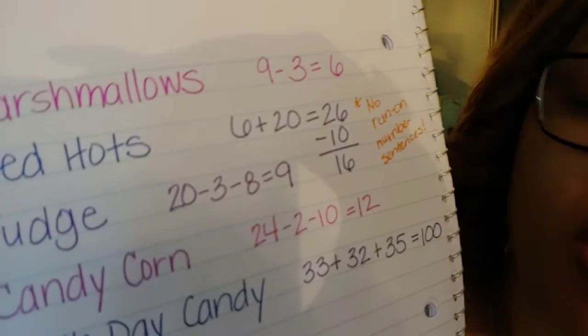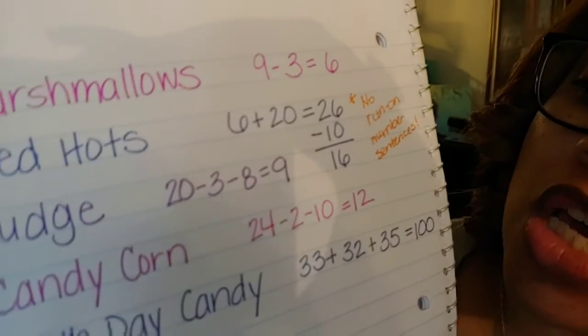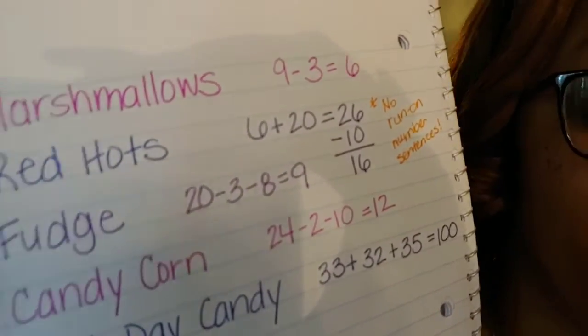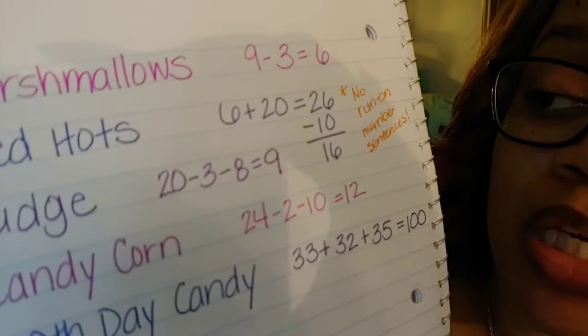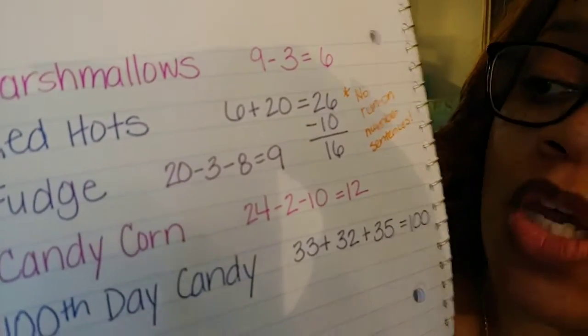We also could have written 2 separate sentences, such as starting again with 26 minus 10 equals 16, or it's the same as 16. So make sure we're not doing any run-on number sentences. Just like when we're talking about language arts, we don't want any run-on sentences there. We don't want that in mathematics either.